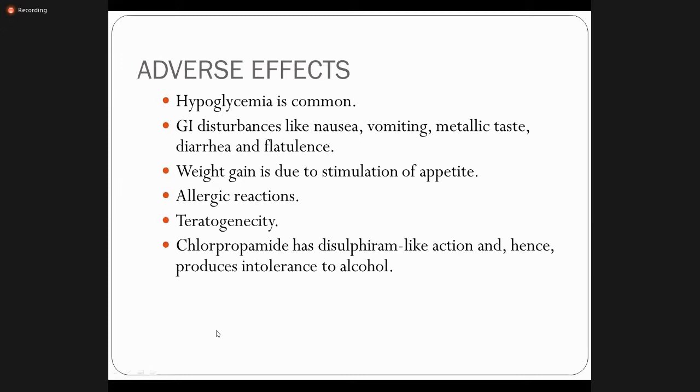Weight gain is due to stimulation of appetite. This is another very important side effect as far as the exam is concerned, because sulfonylureas can be given in a patient having low body weight. That means in an obese person, this is a very interesting point.